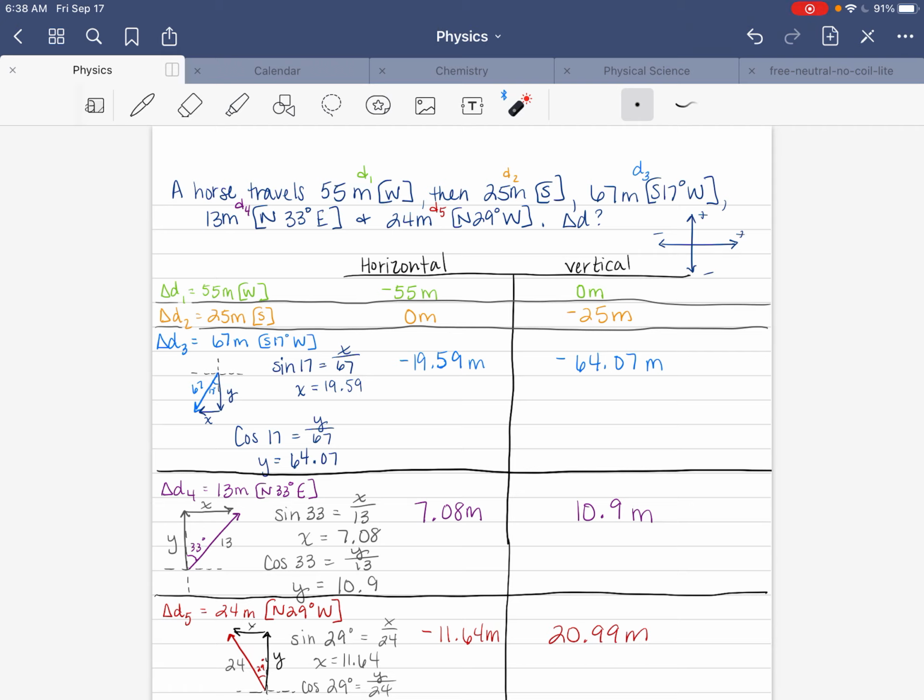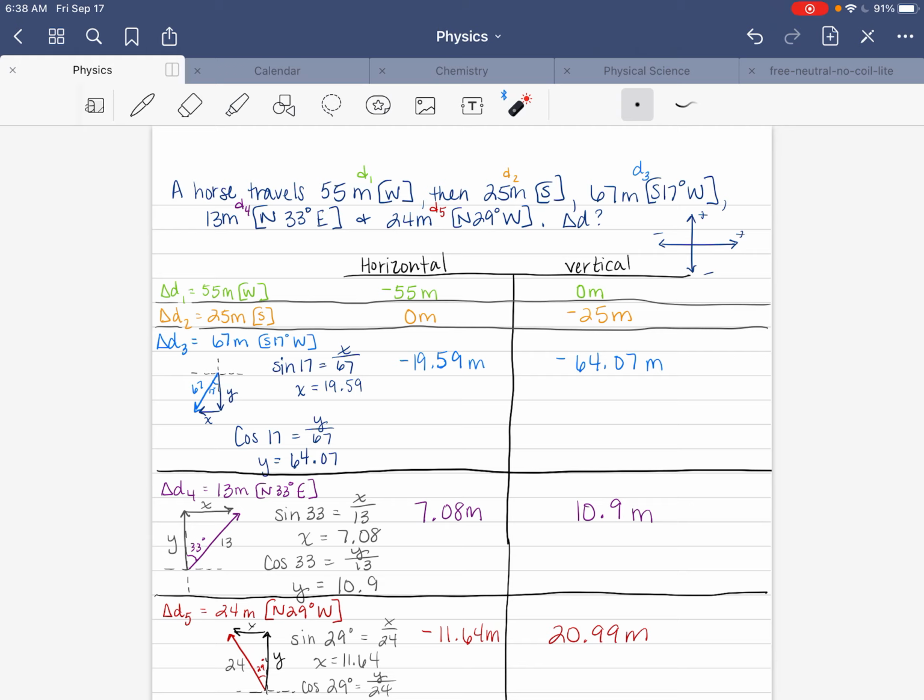For my second vector, I have 25 meters south. Again, because I'm given just a singular direction, I don't have a horizontal in this case, so I have 0 meters. But my vertical is going to be negative 25 because it is in the southern direction, which we have decided is negative.